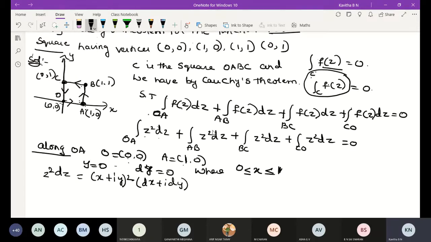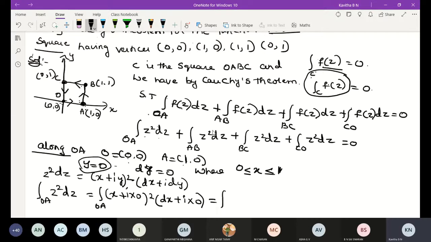Then along OA, z square dz: observe here, y is 0, so x write down as it is, plus i into 0, whole square, then dx as it is, and dy is 0 plus i into 0. Then simplify, what will we get?